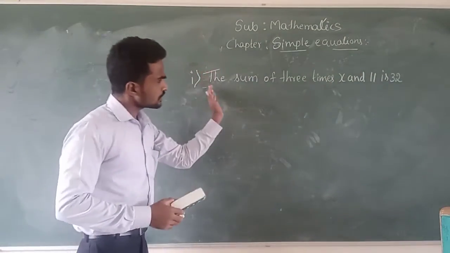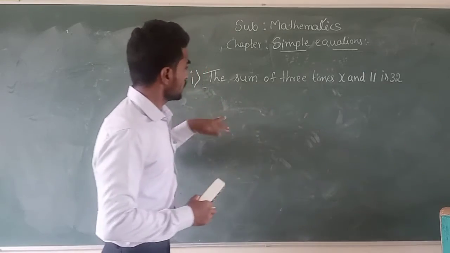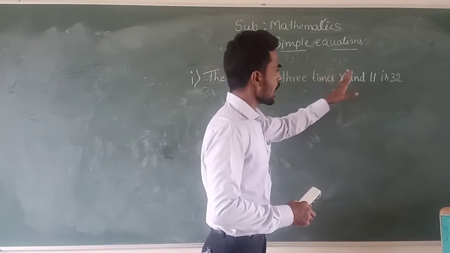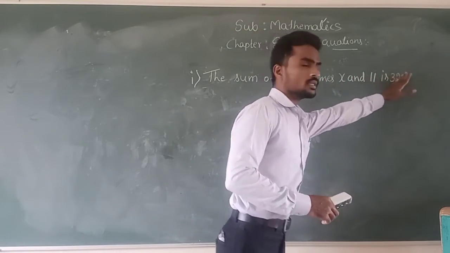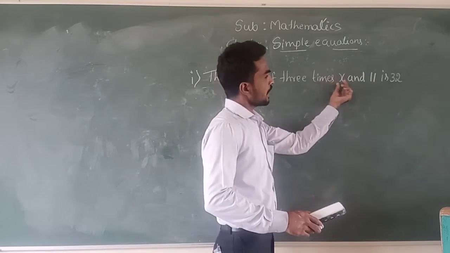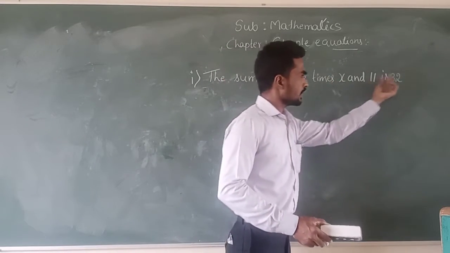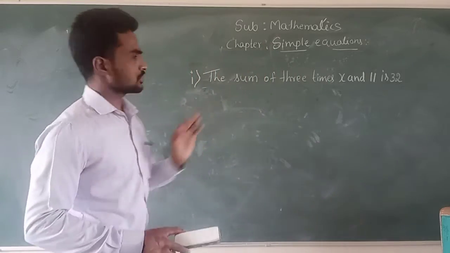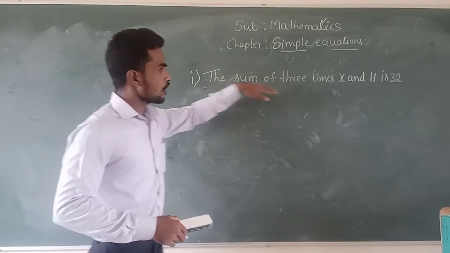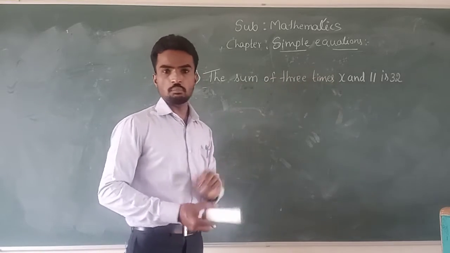Just read this statement. In this statement, x is the variable, 11 and 32 are the constant terms. Sum means addition of those two numbers.